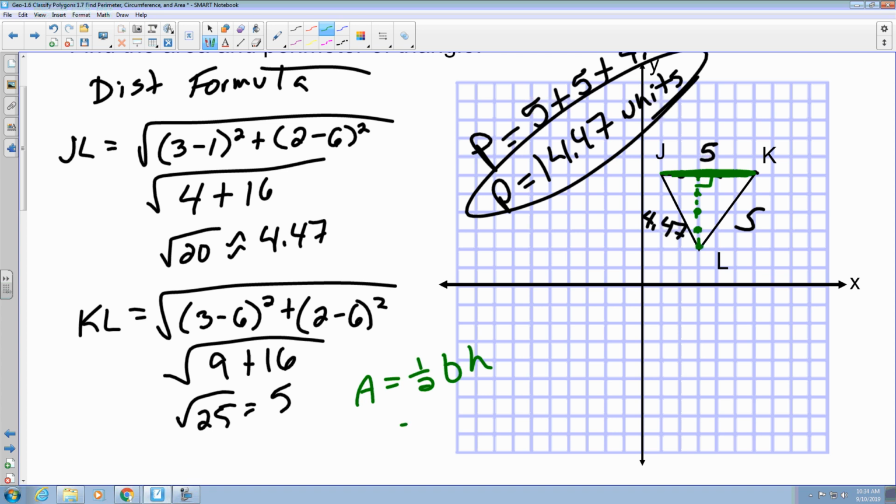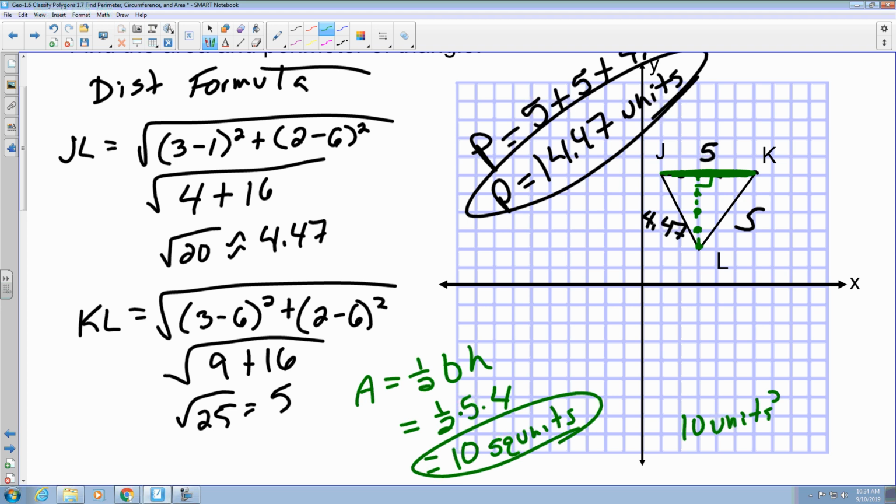So I can say that this is going to be 1/2 times base, which is 5, times height, which is 4. So it's 1/2 times 5 times 4, which gives us 10. So it's 10 square units in area. Or you could also write it as 10 square units. That's also another way of writing it as well.